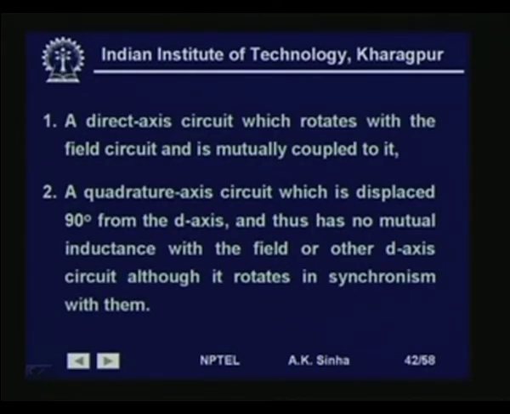So, what does Park's transformation provide? A direct axis circuit which rotates with the field circuit and is mutually coupled to it. A quadrature axis circuit which is displaced 90 degrees from the d axis and thus has no mutual inductance with the field or other d axis circuit, although it rotates in synchronism with them.